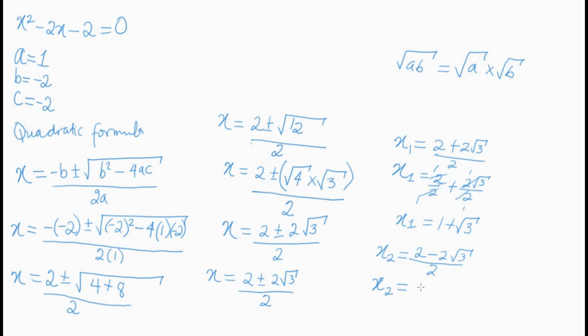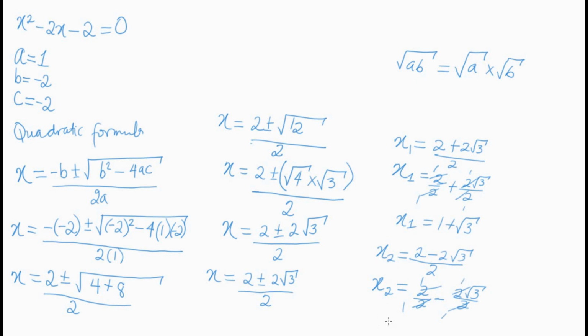So this will be 2 over 2 minus 2 root 3 over 2, because we're allowed to split the numerator using the denominator. So 2 over 2 is 1, and 2 over 2 is 1.